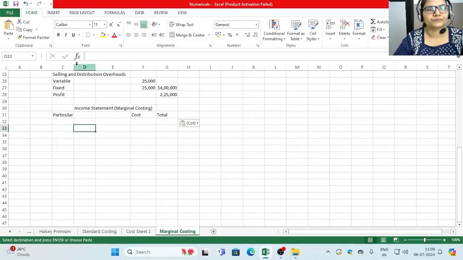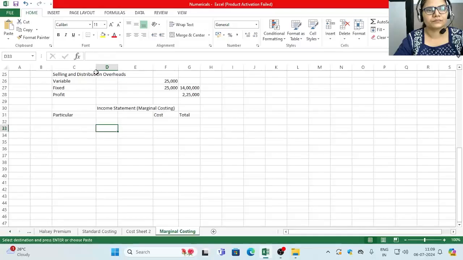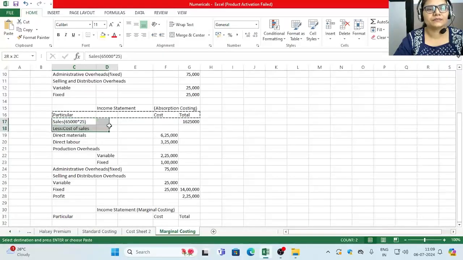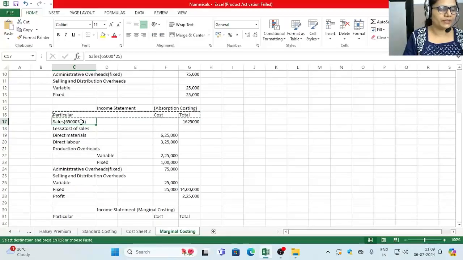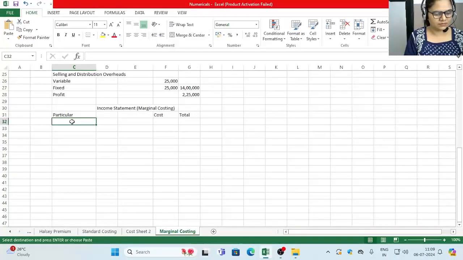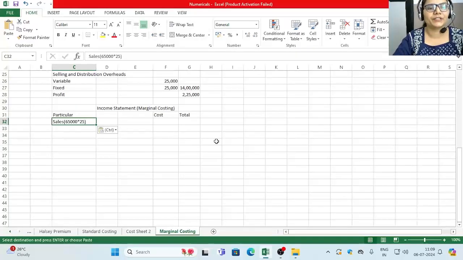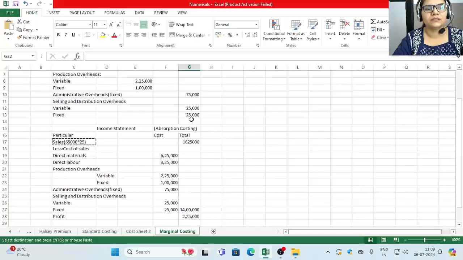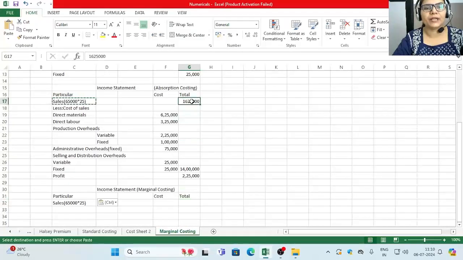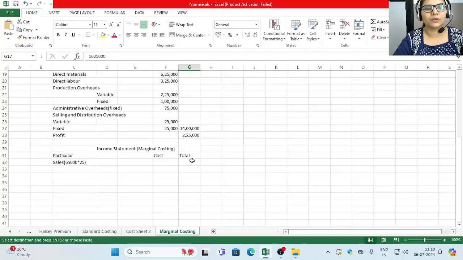Now, sales, we all know it is already given in the question, but we have to calculate the sales by multiplying selling price per unit with the total number of units.